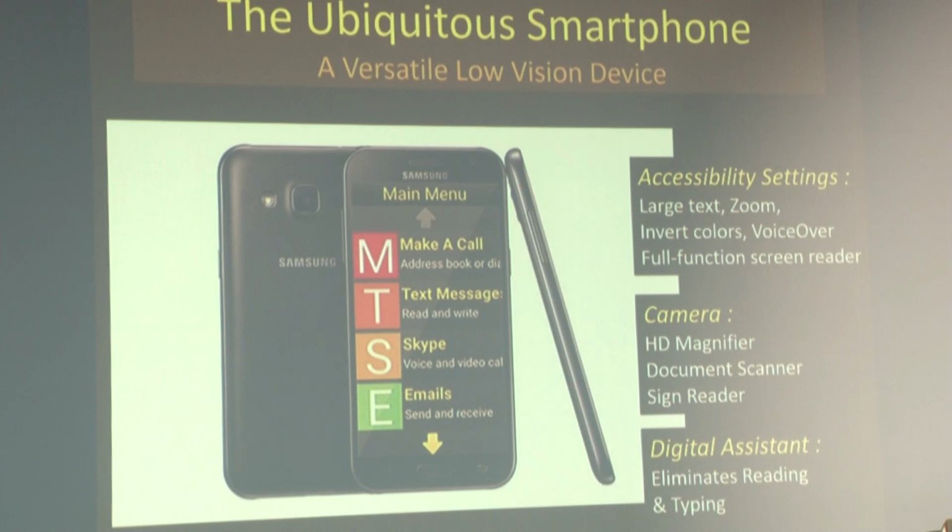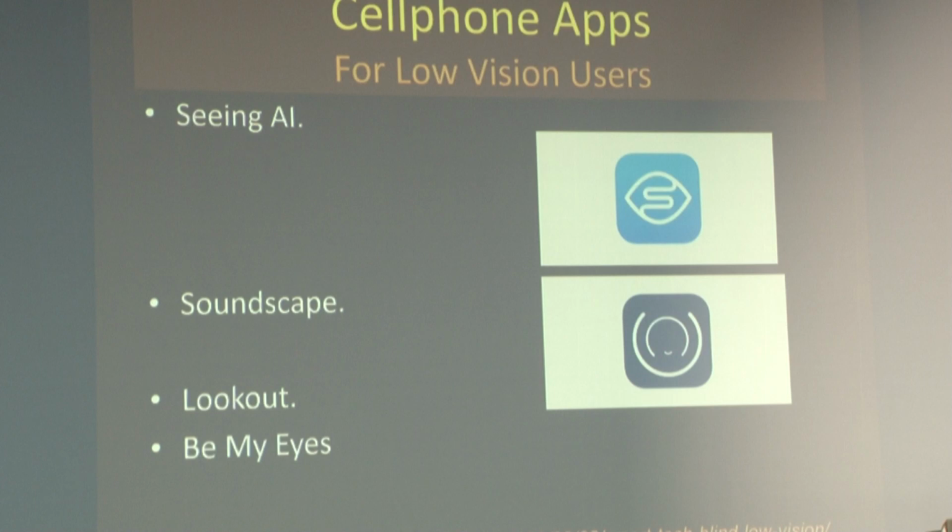Here the text will be larger, the zoom option is easily available, the cameras will have HD magnifiers, and there will always be a digital assistant. You can tell the assistant what you want to do, and it can do it. For example, if you want to call XYZ, it will call for you. You don't need to see the phone. And then there are apps called Seeing AI, Soundscape, Lookout, Be My Eyes. All these apps help people with low vision to enhance their use of electronic devices.